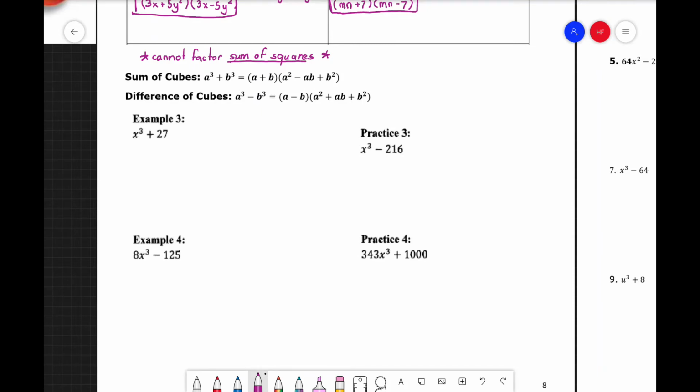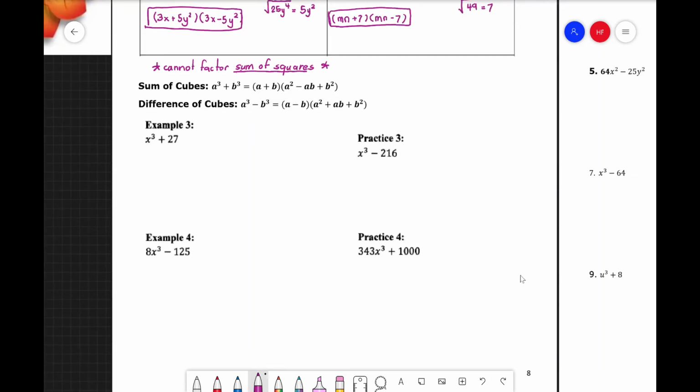The sum and difference of cubes are a little trickier because they have more details to them. On the sum of cubes and the difference of cubes, I'm going to try to show you the way that I remember. The same way we had to have perfect squares, we have to have perfect cubes. If we have perfect cubes on both terms, we're going to do same sign, opposite, always plus.